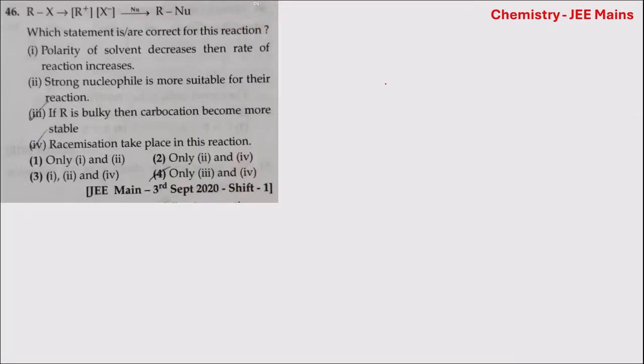Question 46. In this, the alkyl halide breaks into cation and anion and then the nucleophile attacks forming the product. So this is an SN1 reaction. SN1 reaction depends upon the stability of the carbocation. Now which statement is or are correct for this reaction? Polarity of the solvent decreases, then rate of reaction increases. No, this statement is wrong. Strong nucleophile is more suitable for this reaction.